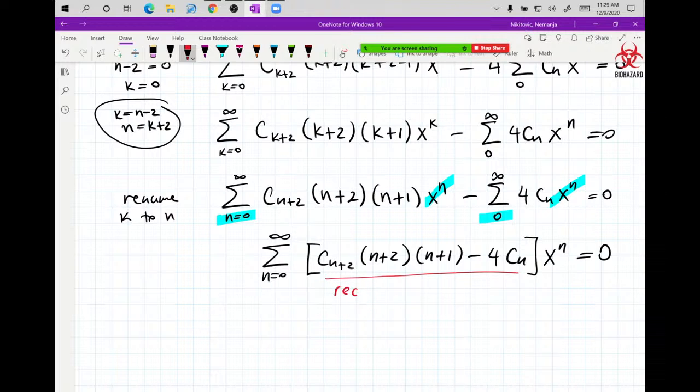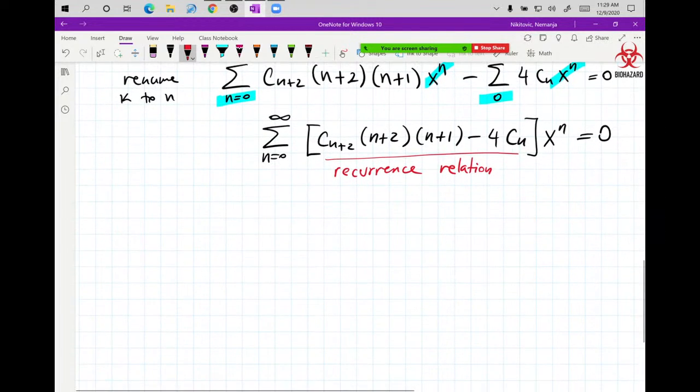It's so hard to write on the elevated tablet because I have to keep that ice pack underneath it, and when I have to write small, it's hard. So, the recurrence relation, and the problem is solved by figuring out that recurrence relation. I'll show you how.